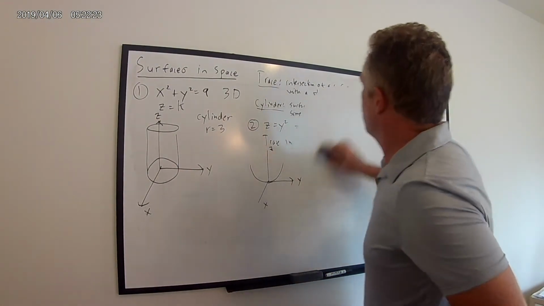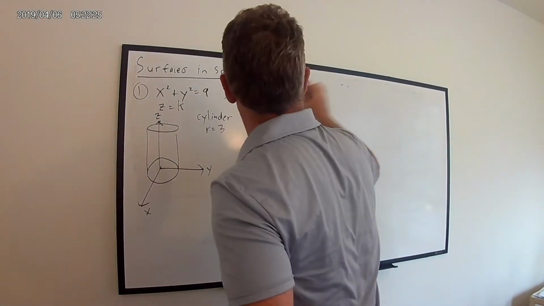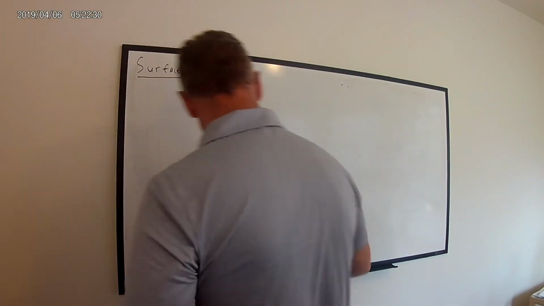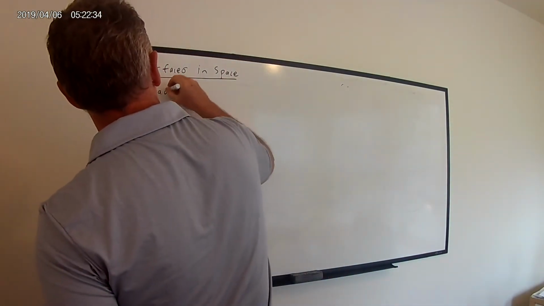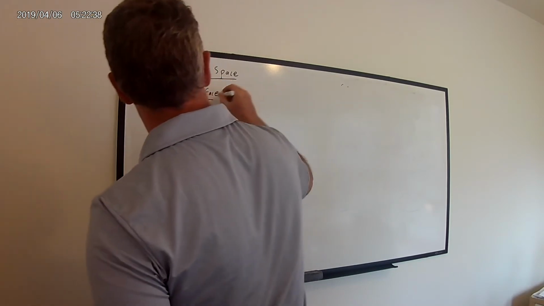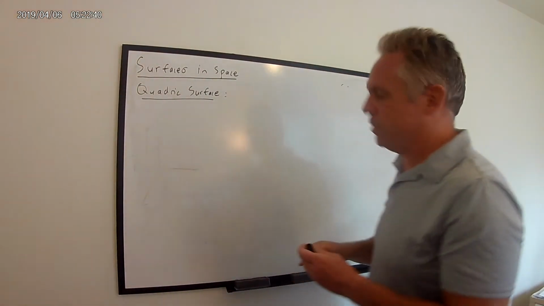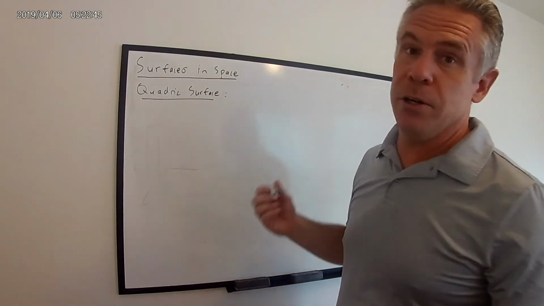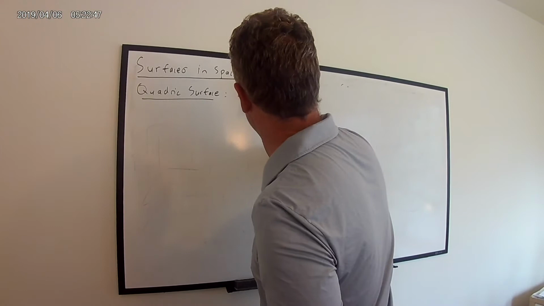Let's talk about a more general definition of a quadratic surface. So what is meant by a quadratic surface? A quadratic surface is a surface that can be written as a second degree polynomial in x and y and z.